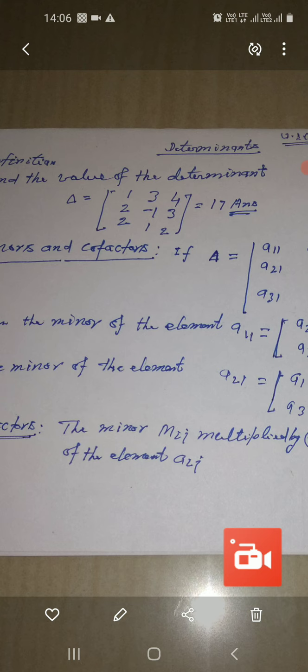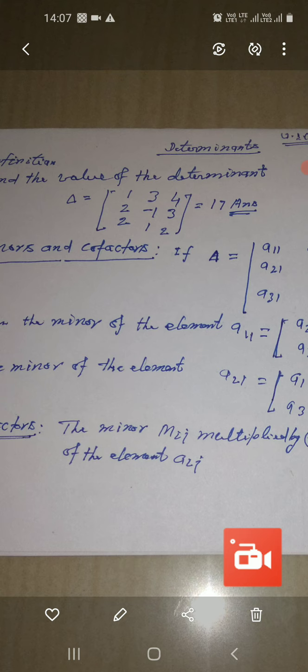And the minor of element a21 is equal to, in first row a12 a13, in second row a32 a33, and this is denoted by M21. So these are the minors, and you can easily find minors of the determinants.